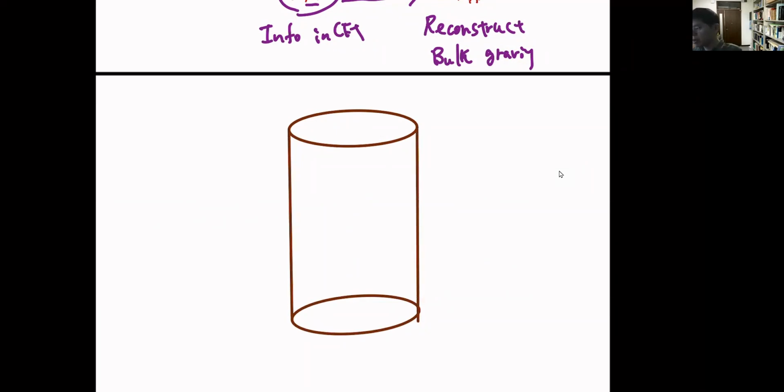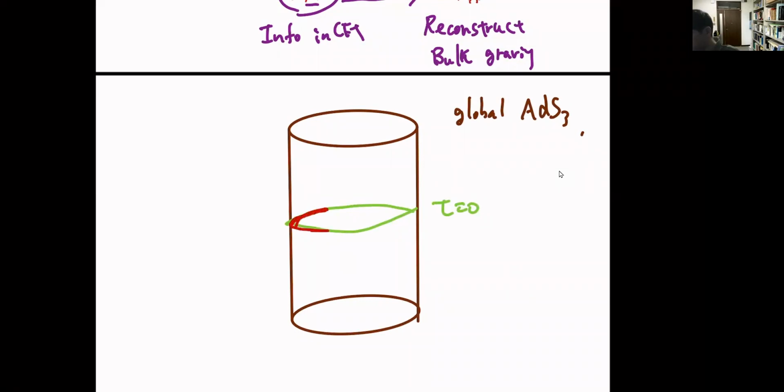Let's assume global AdS, AdS3 is fine. We talk about a time slice, tau equals 0. We choose some subsystem A to be here.